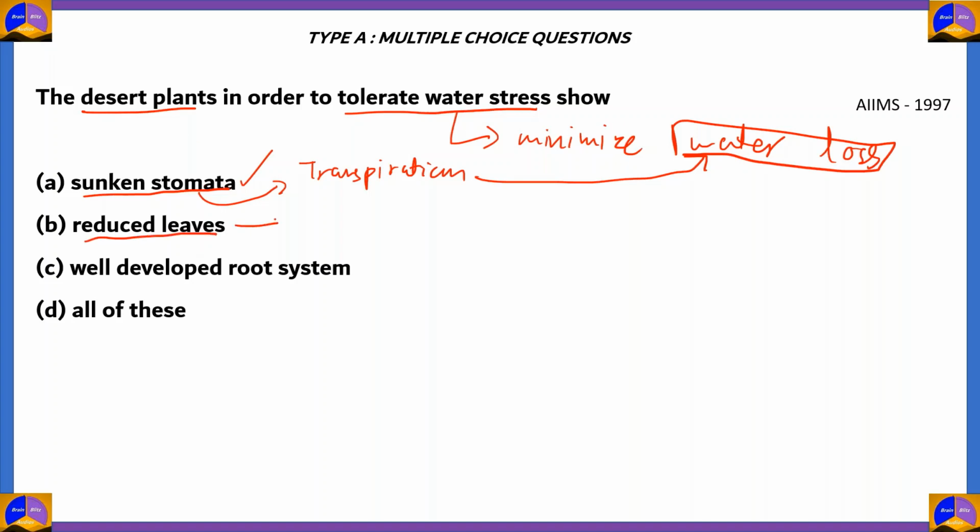In desert plants, we have spines, and these spines are reduced leaves. So option B is also correct. Let's look at option C, well-developed root system. This is also correct as they require long and highly networked roots to grab up water when it rains. So options A, B, C are correct.